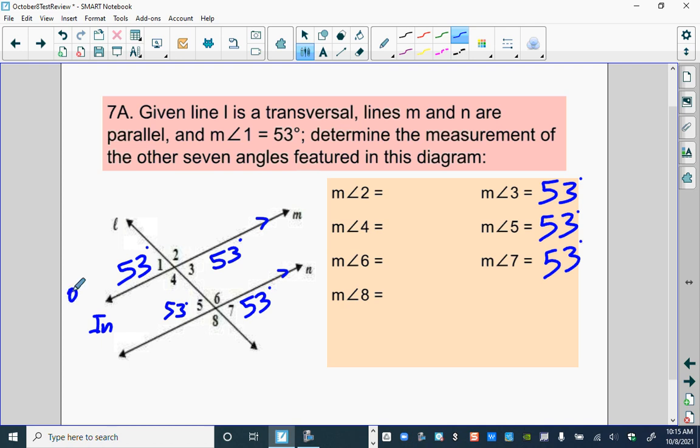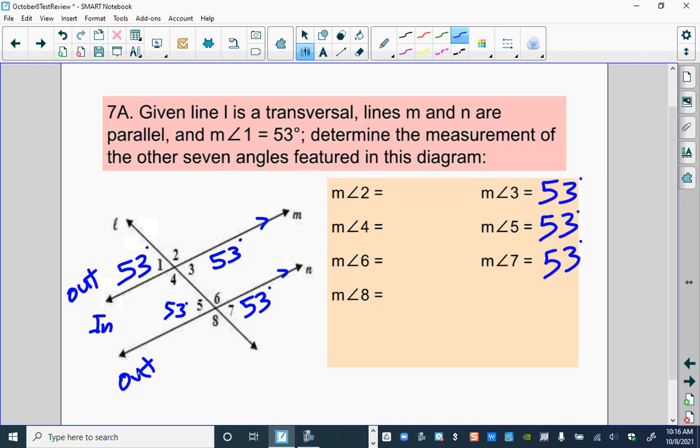So there's several reasons why 53 degrees would be the correct answer for angle 7. You have multiple reasons. The quickest way we were talking about was the Charlie Brown idea of zig, zag, zig, zag. Now, what about angles 2, 4, 6, and 8?